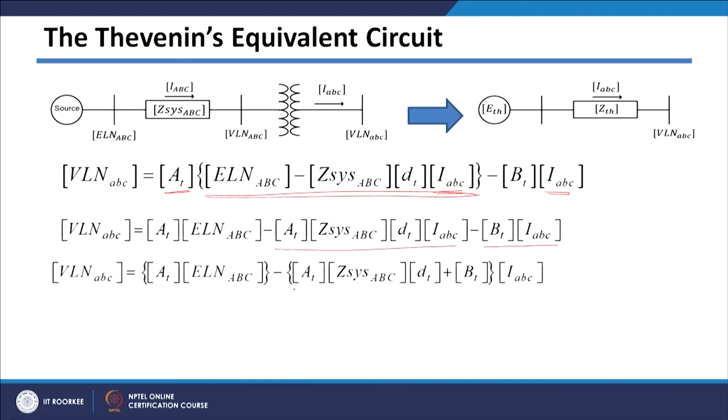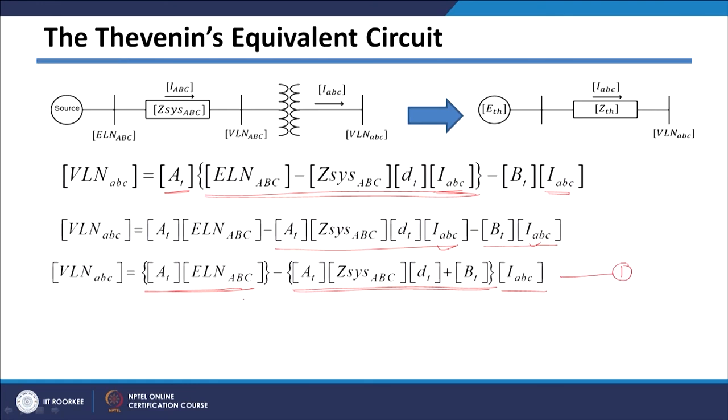So, basically I am getting this term here. IABC is taken common out of these two terms. So, in the bracket we get this term, and the remaining term is this one. By seeing this expression here, say expression 1, we can easily get the Thevenin's equivalent circuit.